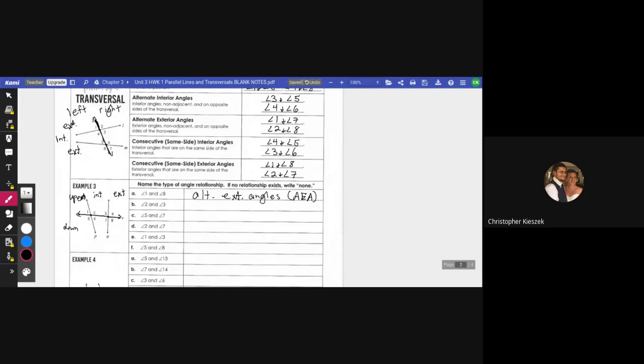Okay, how about angles 2 and 3? Well, 2 and 3 are both interior, and they're both on the same side of the transversal. So these are consecutive interior angles.